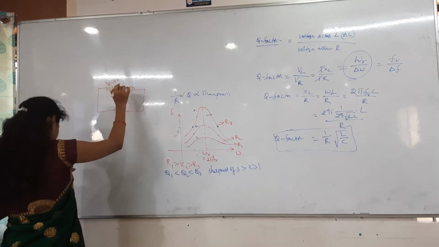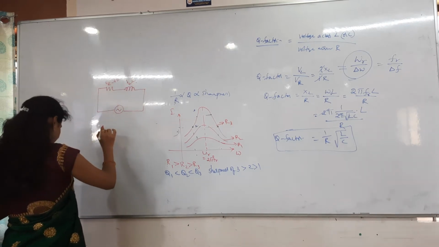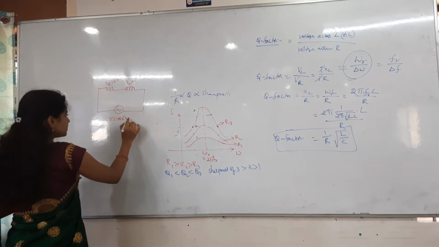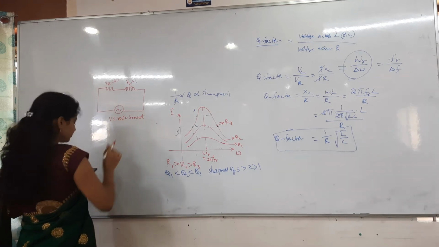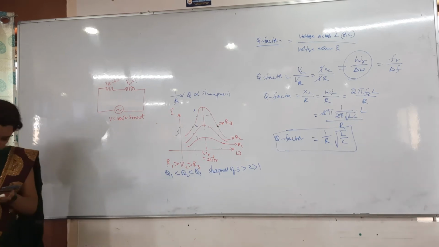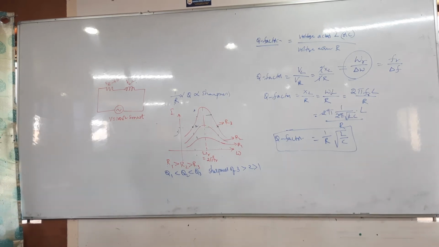VR is equal to 60 volts and VL you have to find, and V is equal to 100 root 2 sin omega t. Find what is the answer?